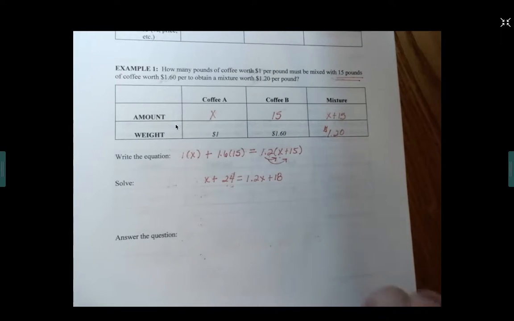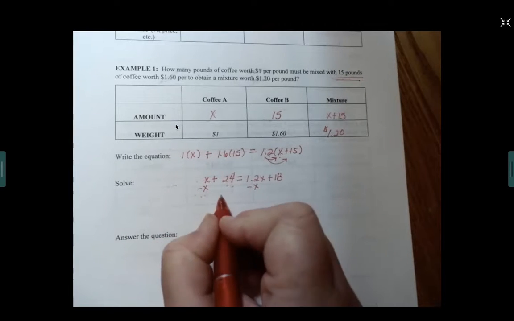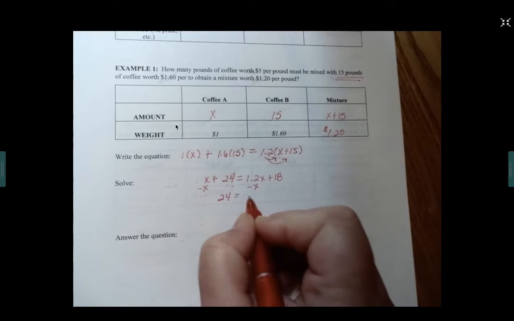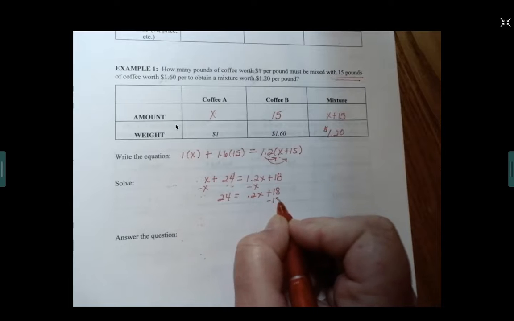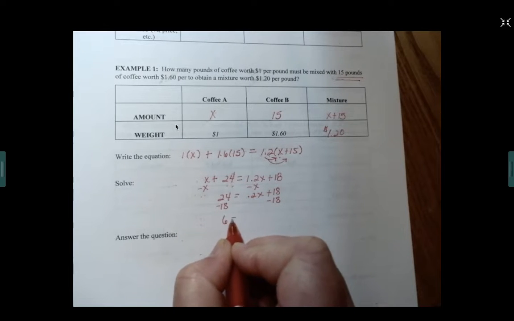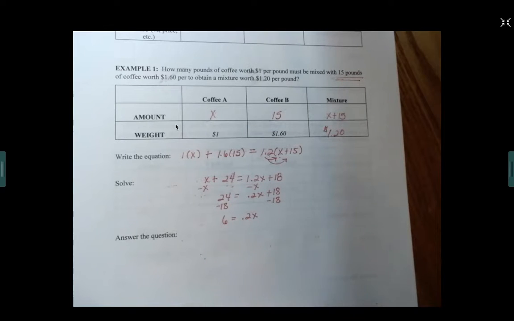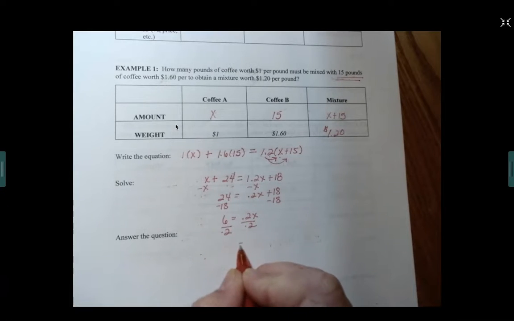Now we have the equation we need to solve, so I'm going to get my x's on the same side. I'll subtract x from both sides, which leaves me 24 equals 0.2x plus 18. Then I'll subtract 18 from both sides, which leaves me 6 equals 0.2x. 0.2 is multiplied, so we will divide, which leaves me x equals 30.